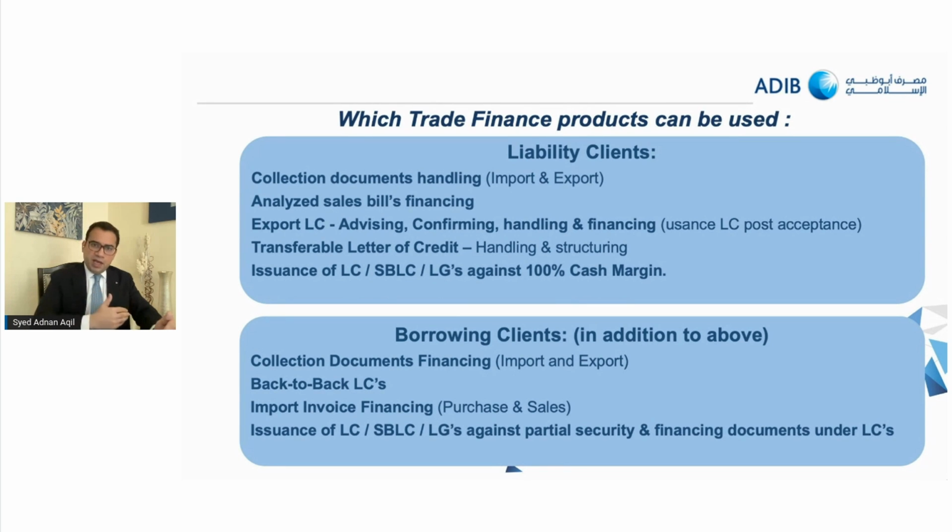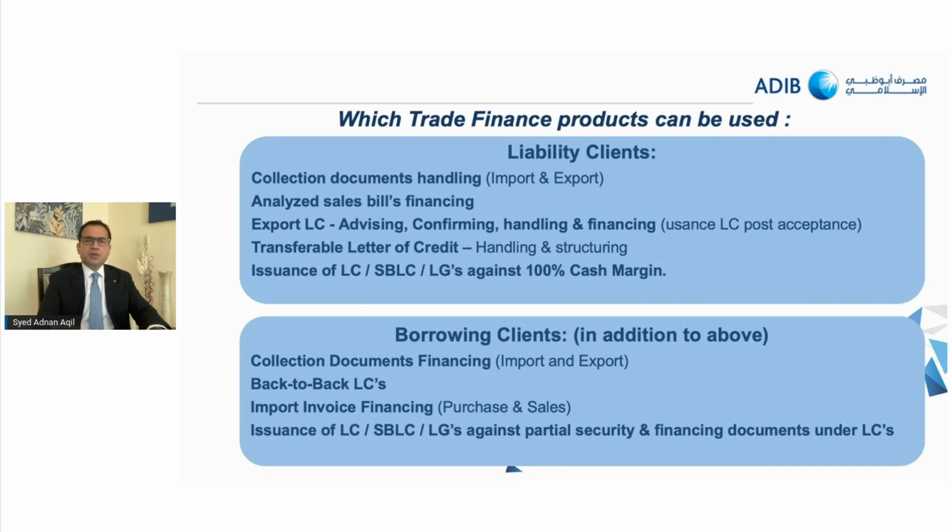So yes, we have a lot of options for confirming and discounting, which in Islamic banking we call financing an LC, but that depends on the issuing bank. We can't cover the entire banking sector in the world to finance. So for that, we request all customers to reach out to the trade advisor or the RM and send us their options, and we will discuss with them.